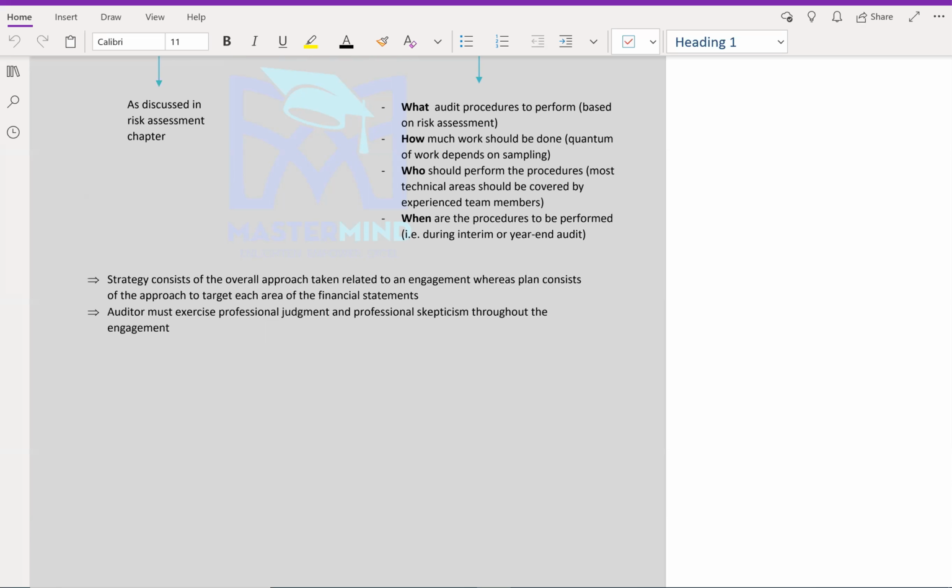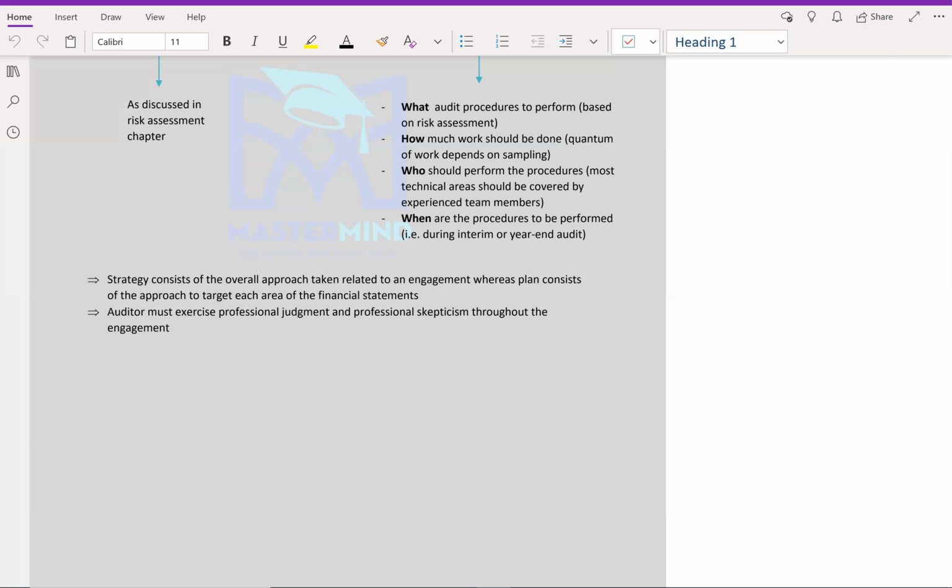But what you can't look at is something that does not have physical existence or something that is accrued over the period. So you have to perform different procedures for that. You cannot say observe revenue that was accrued during the year. It's not a valid procedure. How do you observe revenue? You cannot.